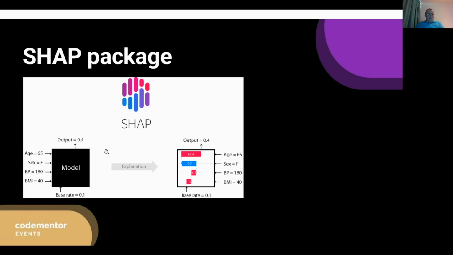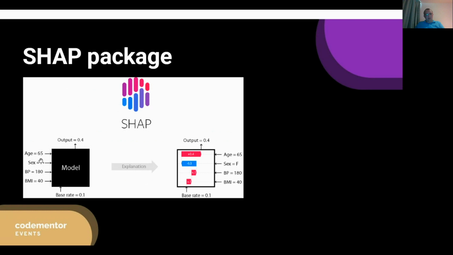So we have this black box, which we talked about previously, on the left, and we have age, sex, BP, BMI contribution, base rate, which is the average meaning of our prediction, and output 0.4. And we use this Shap for a particular case.